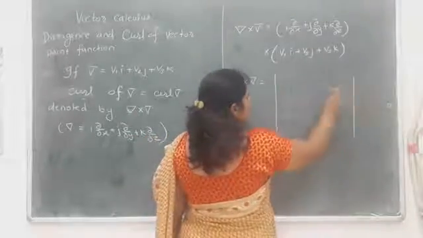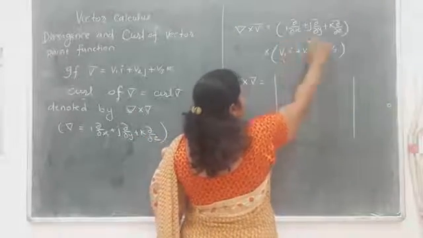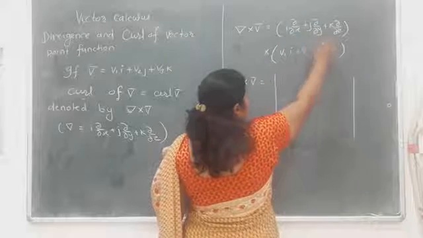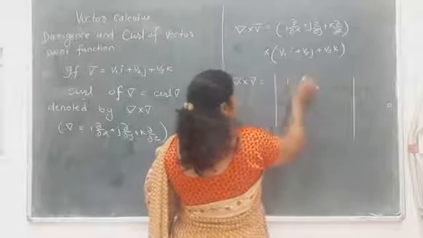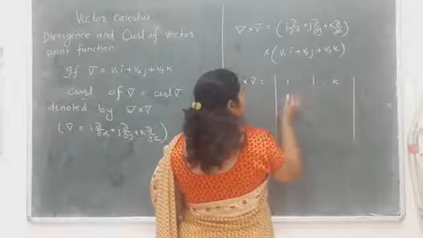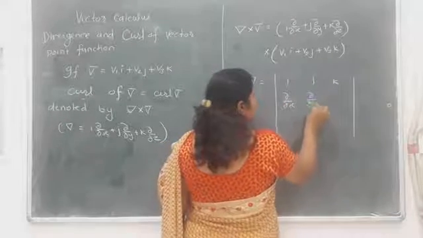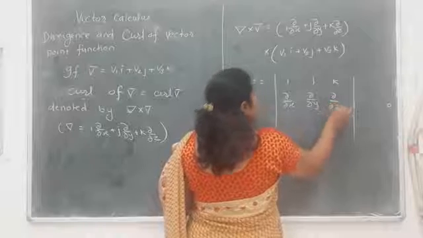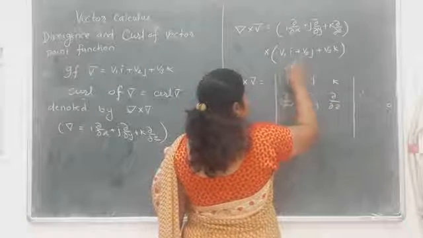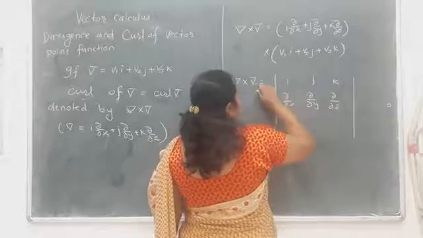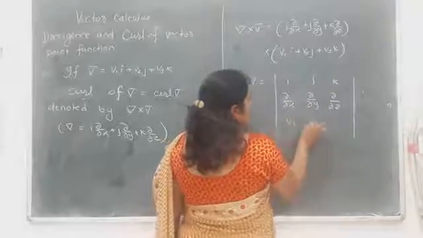In the first row come i, j, k. In the second row come the coefficients of the del operator, that is del by del x, del by del y, del by del z. And in the last row come the components of the vector V bar, that is V1, V2, V3.